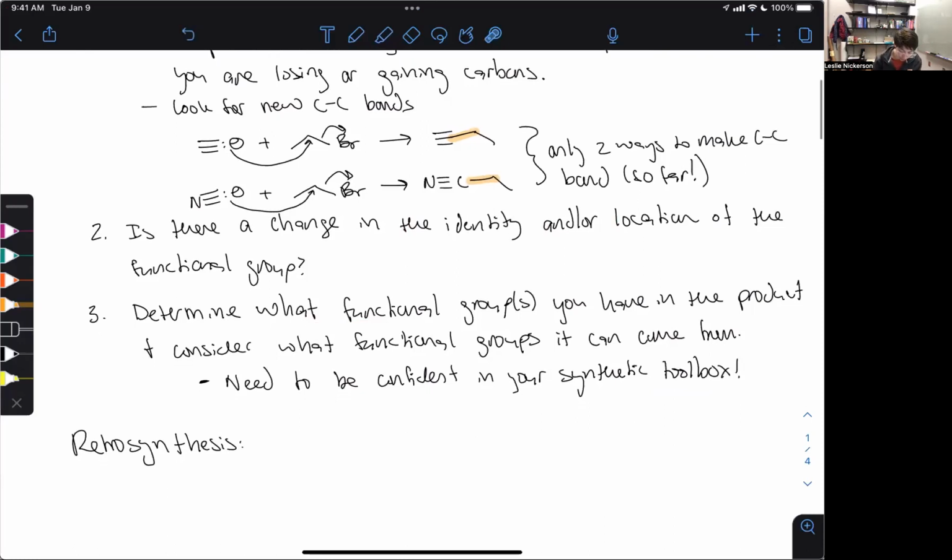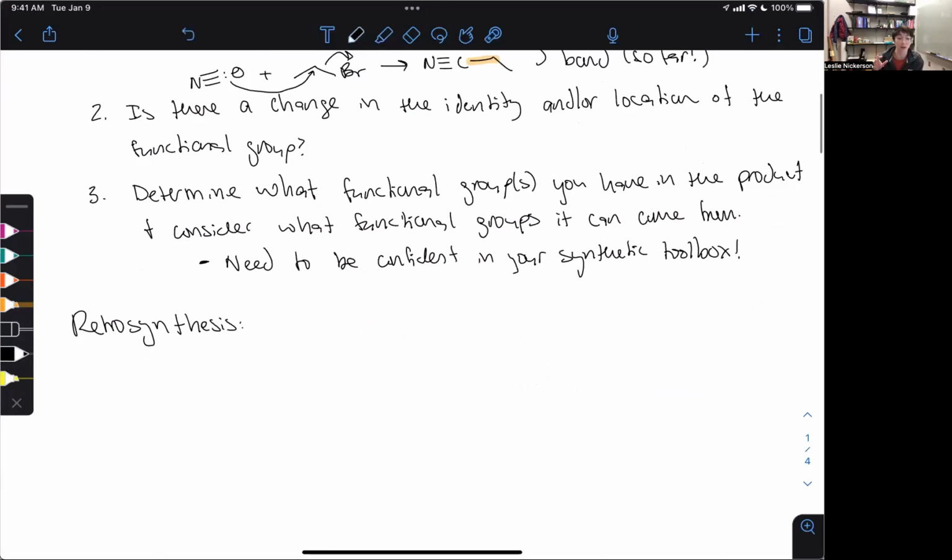When we're doing retrosynthesis, we want to remember how we set things up and what the arrows look like. When we're using our retrosynthesis arrow, we're looking at some kind of product, and if we draw this retrosynthesis arrow, that means comes from.